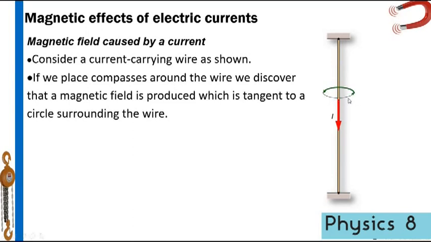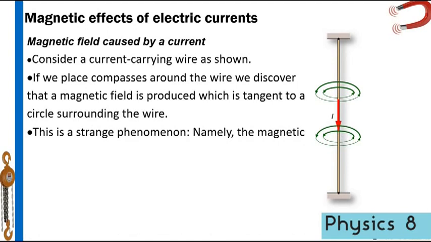In this case, the wire is moving into the page on the right hand side and out of the page on the left hand side. And again, we can see that we have another layer of magnetic field lines, and we can see the same at this position here.